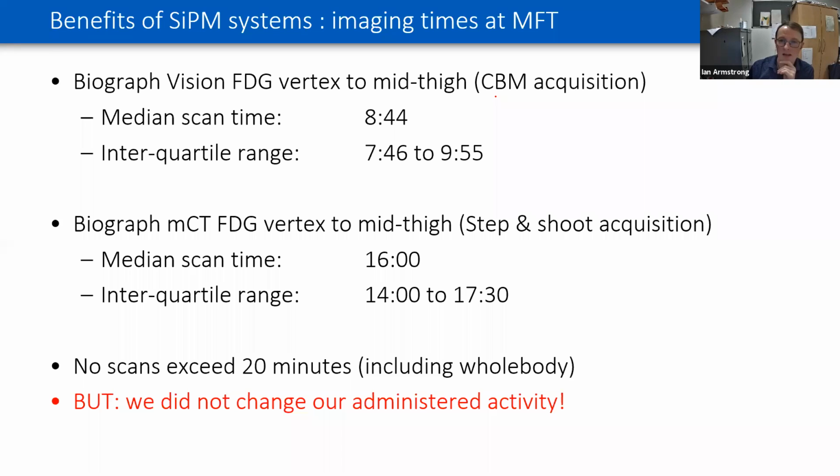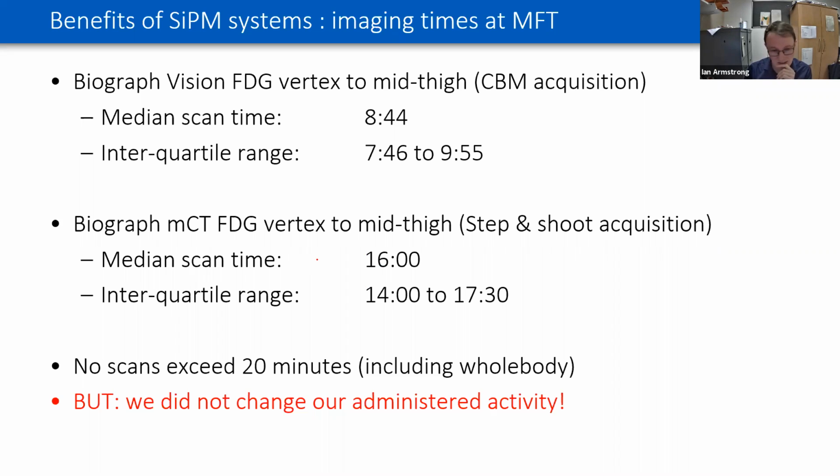This is done on CBM, continuous bed motion, so we have the flow motion acquisition, which we didn't have on the MCT previously. Comparing that to the MCT, you can see that we've pretty much halved our scan times. And importantly, we do quite a few vertex to feet, and none of those have exceeded a 20-minute acquisition. So this makes it quite nice for scheduling.